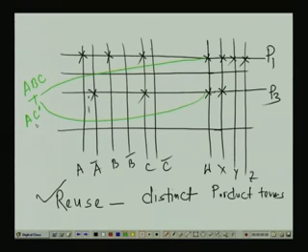Now, this ABC, or this P3, can be shared by X. So, now what we are seeing, that means multiple cross points in one column means that it is a sharing of the product terms.